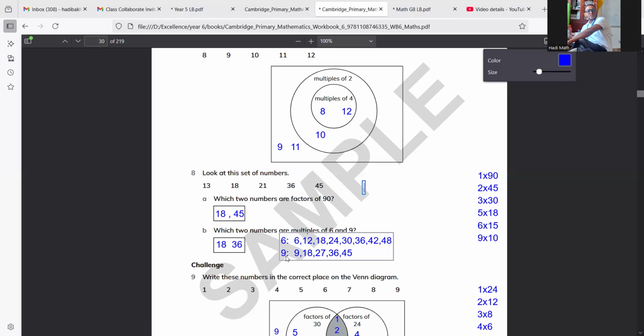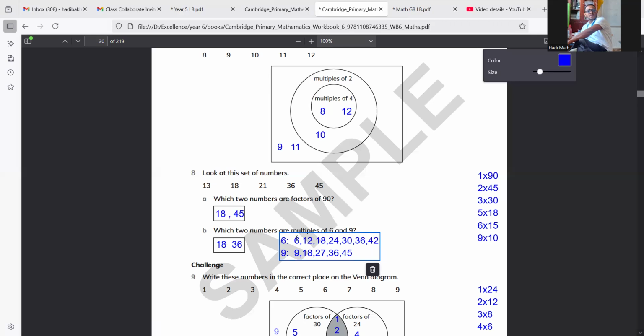Write all the multiples of 9, where the maximum number is 45, till you reach 45. 9, 18, 27, 36, and 45. Now go and write the multiples of 6, all of them up to 45. 6, 12, 18, 24, 30, 36, 42. Even 48, you don't need to write it here because 48 is more than 45. Then you stop at 42.